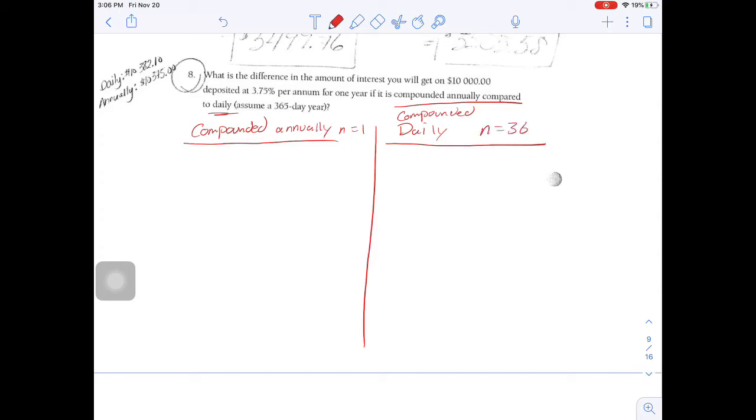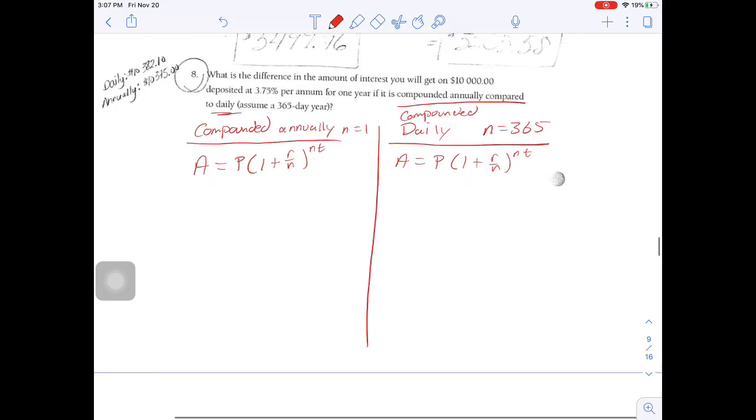So N equals 365. Both are compounding questions. So you'll use your equation A equals P times (1 plus R over N) to the power of N times T. And over here, the same deal. P times (1 plus R over N) to the power of N times T.